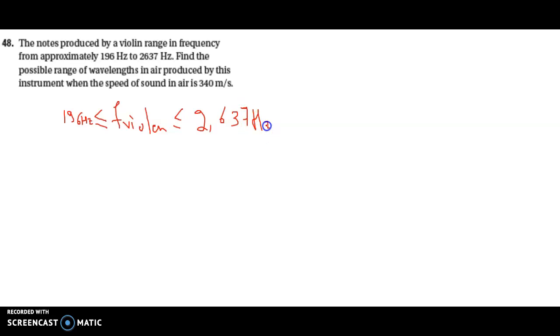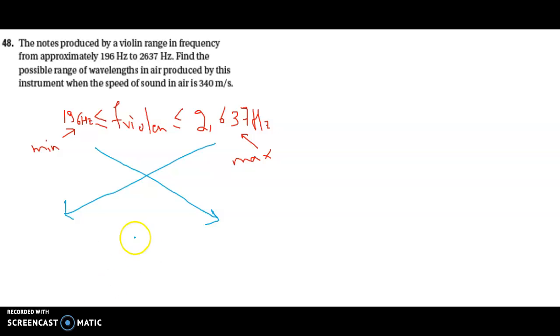We call this the minimum limit of F, and this is the maximum limit of the frequency. This means that the minimum limit of frequency corresponds to the maximum limit of wavelength, and the maximum limit of the frequency corresponds to the minimum limit of the wavelength, because they are inversely proportional. So the maximum frequency corresponds to the minimum wavelength, and the minimum frequency corresponds to the maximum wavelength.